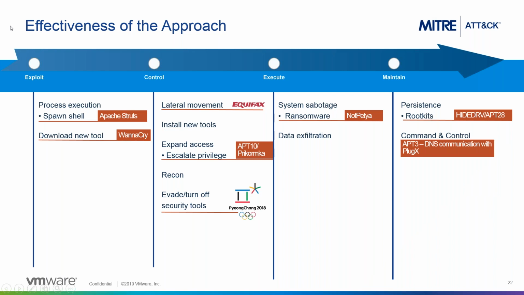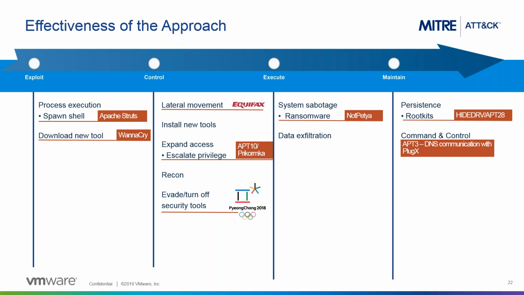So, some examples here of well-known threats. I'm sure all of you are familiar with some of these, whether it was WannaCry, the Equifax breach, or what happened at the Pyeongchang Olympics, NotPetya. These are all very common attacks that have been front page news and gained media attention over the past few years.